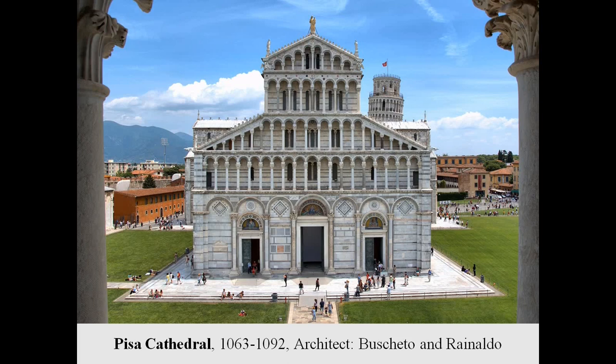Here is the western facade. As we can notice, there are three entrances. The main one is bigger, and all the surface is decorated with colorful sorts of marbles, and with several rows of semicircular arcades that somehow create the feeling of a weightless construction.